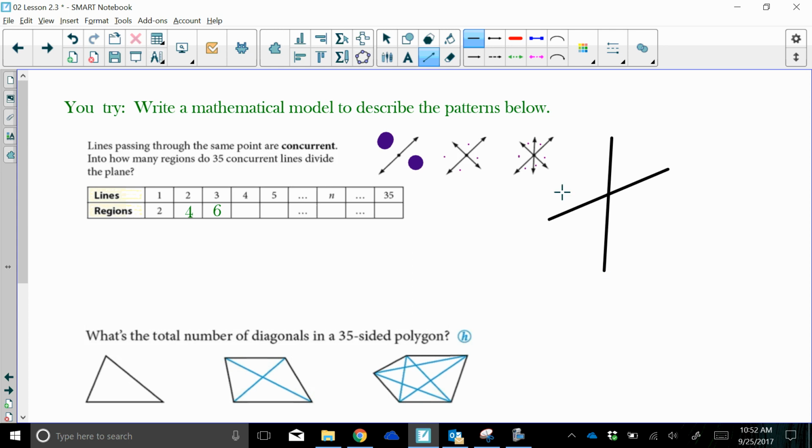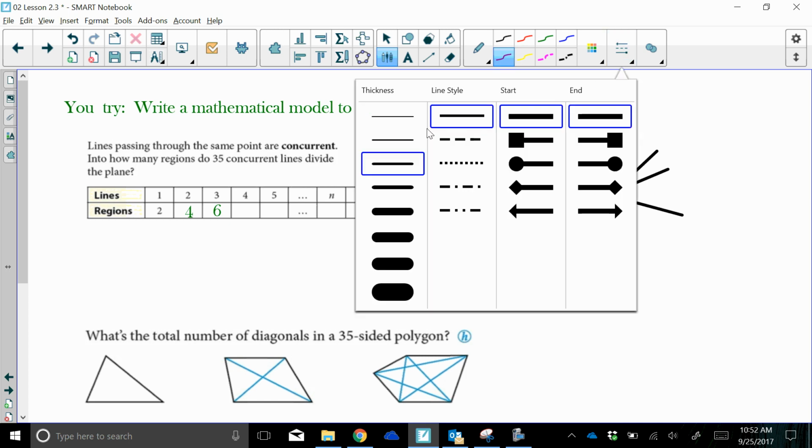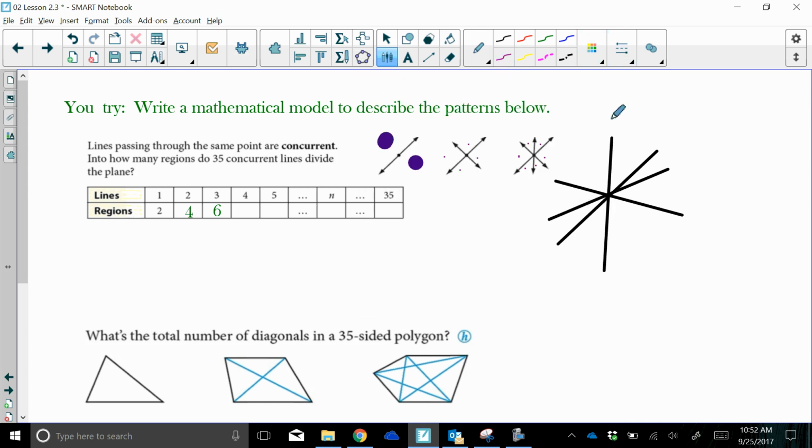1, 2, 3, 4. So they're all going through that same point. I can see that there are 1, 2, 3, 4, 5, 6, 7, 8 regions.